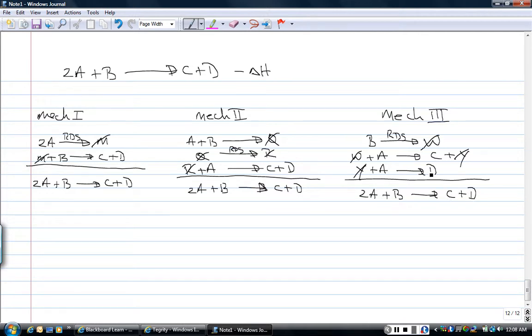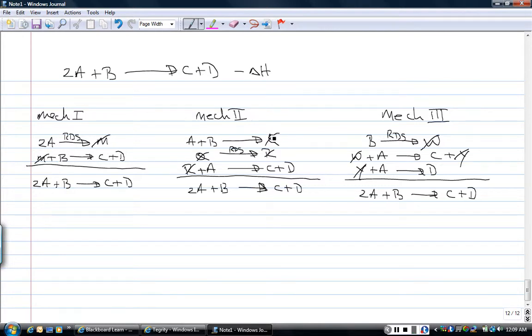Now, this is the point I was making about the mechanisms providing a sort of moving picture of how the reagents are transformed into the product. It also tells us what intermediates are generated. I make M in this one, at the end of the first step, then M is destroyed in the second step.